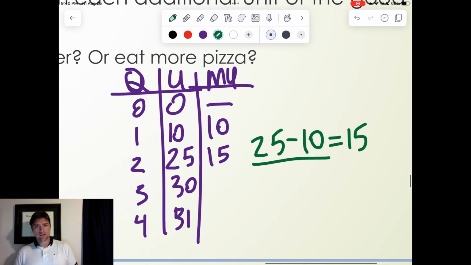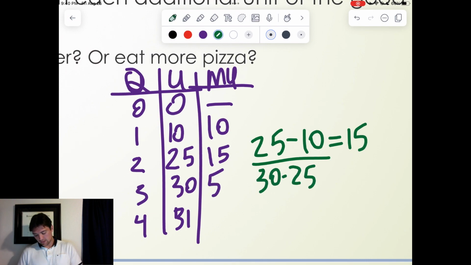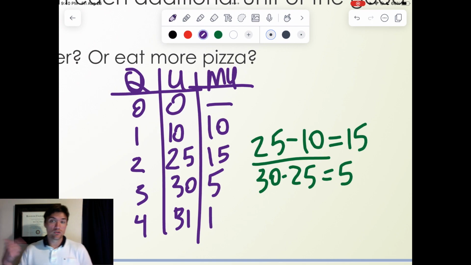What's the marginal for the next one? 5. If you're wondering how we did that, 30 minus 25 equals 5. And the final one would be 1. So the question now becomes, where does diminishing marginal utility start? We go from 0 to 10, so that was an increase, and then 10 to 15, which was another increase, and then we go 15 to 5.